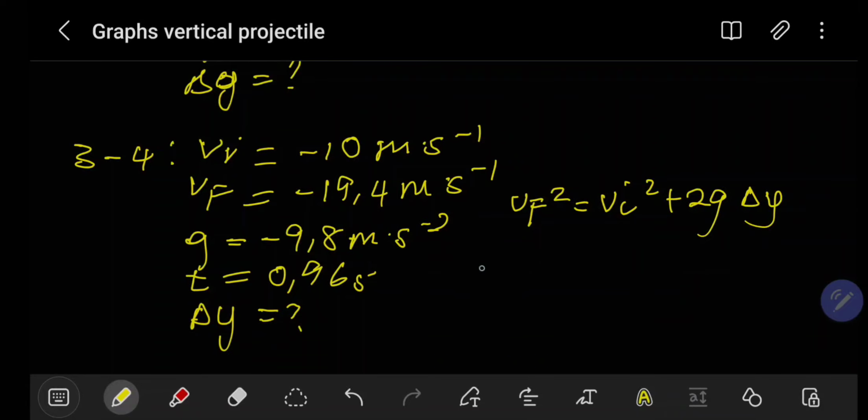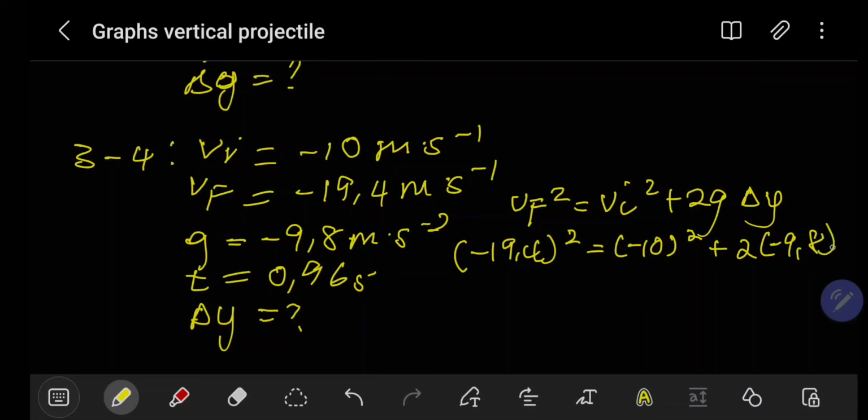Our final velocity is negative 19.4, squared, equals negative 10 squared, plus 2 multiplied by negative 9.8, multiplied by the change in displacement. Then our change in displacement becomes negative 14.1 meters.